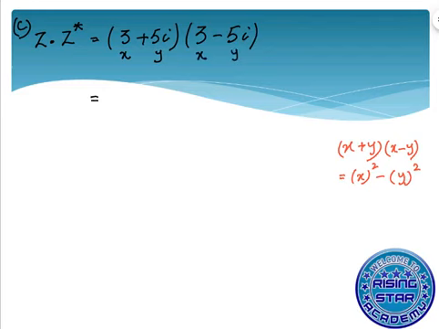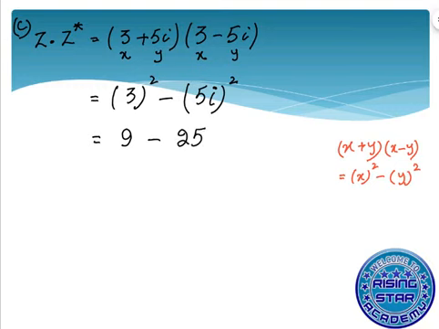So I would write 3 whole squared minus 5i whole squared. The square of 3 would become 9, and 5i squared would become 25 i squared. We know that the value of i squared is negative 1. So 9 minus 25 times negative 1 would become 9 plus 25. So 34 is the required answer.